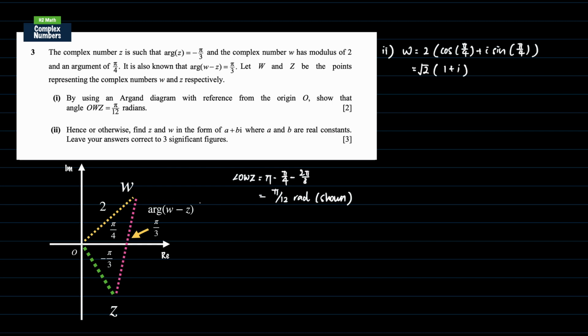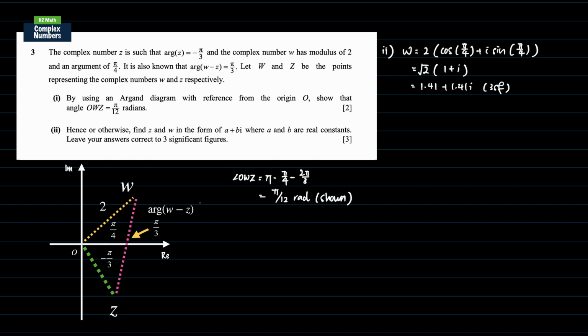Simplifying, we have square root 2, open a bracket, 1 plus i, close bracket. Now this is not the final answer because we need to express A and B to 3 significant figures. Always answer to the question, so therefore W is equals to 1.41 plus 1.41i.